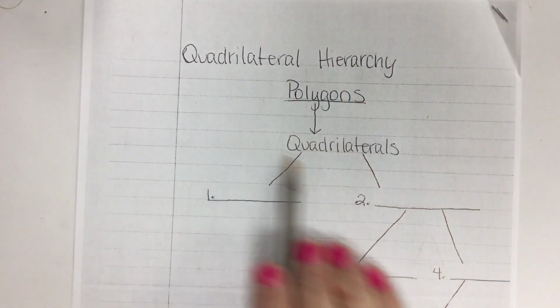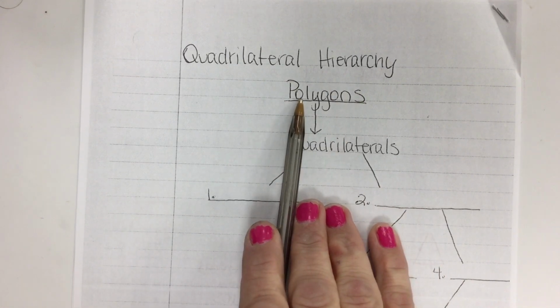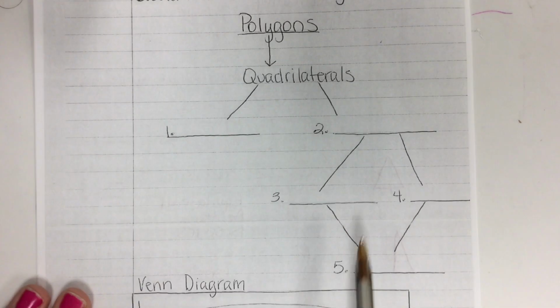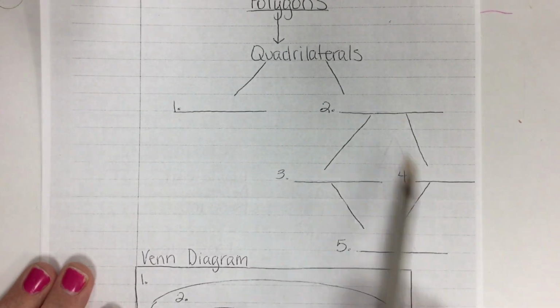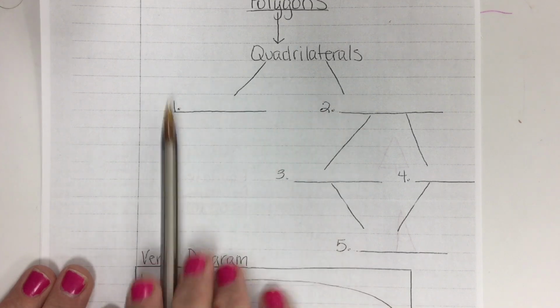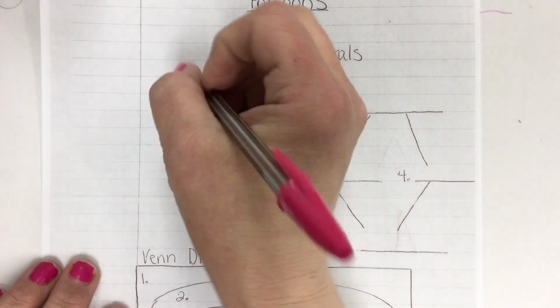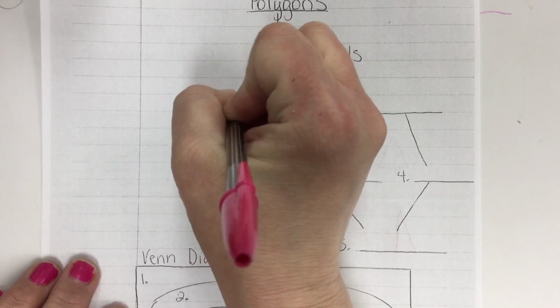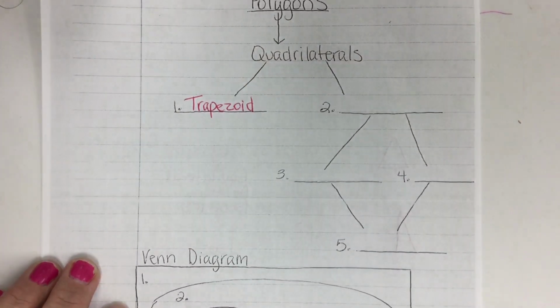And finally, the hierarchy. So we know that all quadrilaterals are polygons. So polygons, quadrilaterals. Then you've got this over here, it's got lots of shapes, and you've got this one over here by itself. The one by itself is the trapezoid.